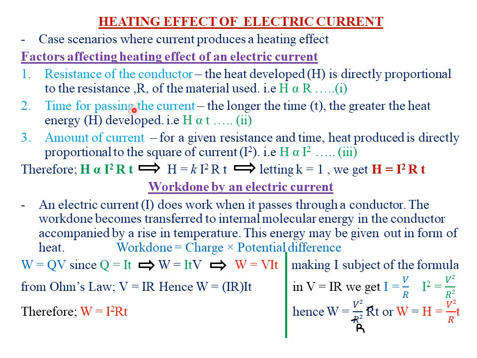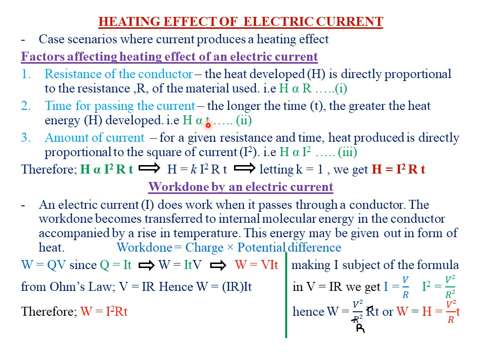And when current is resisted, the electrical energy is converted into heat energy. Therefore, the longer the time t of passing the current through a conductor, the greater the heat energy developed. So the heat energy developed is directly proportional to the time of passing the current through a conductor.